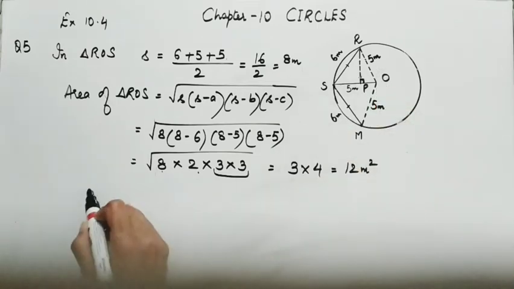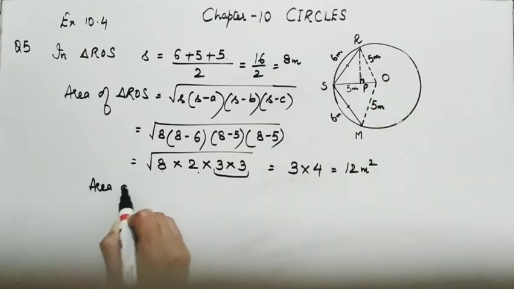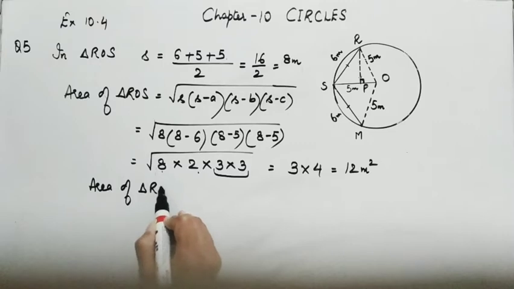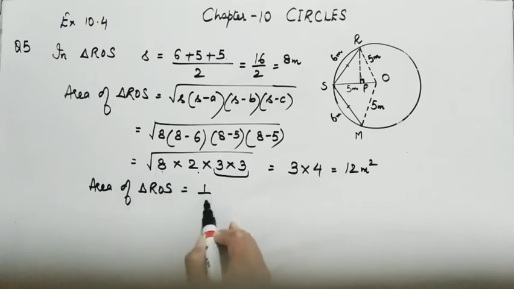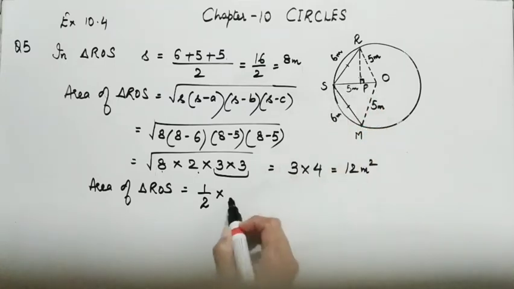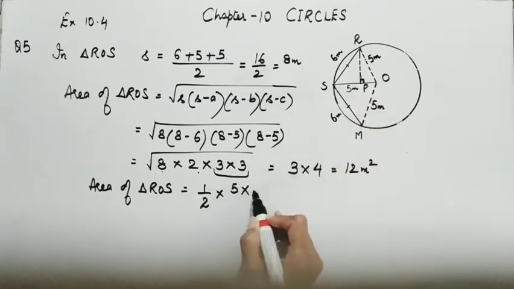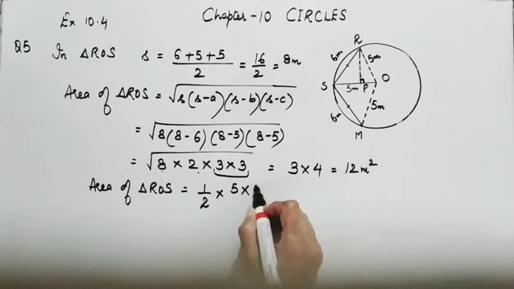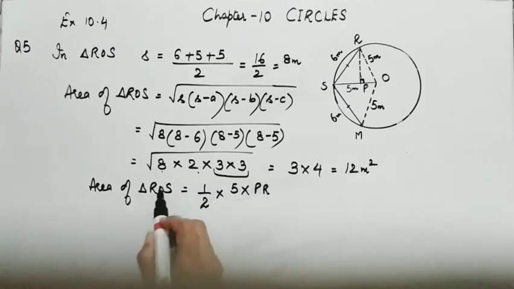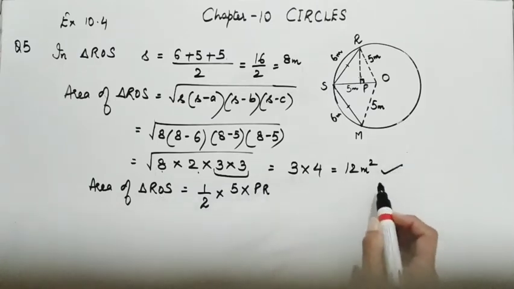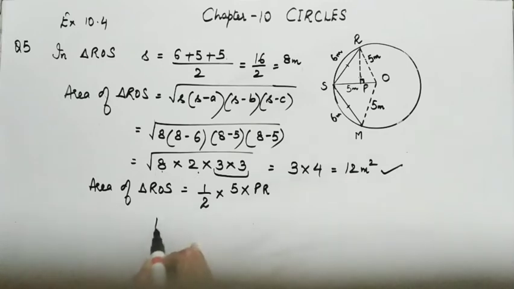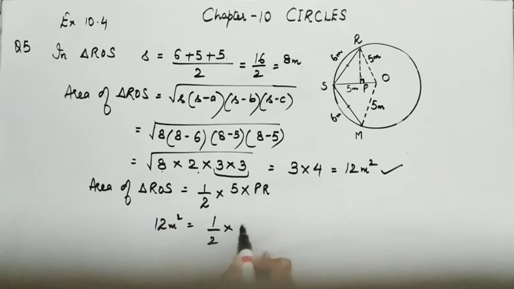Area of triangle ROS in terms of base and altitude would be half into base, which is 5, into altitude, which is PR or RP. Also, area which we have calculated is 12 meters square. So 12 meters square equals half into 5 into PR. What would be PR?